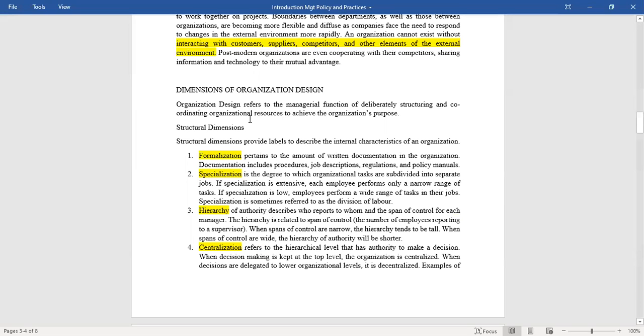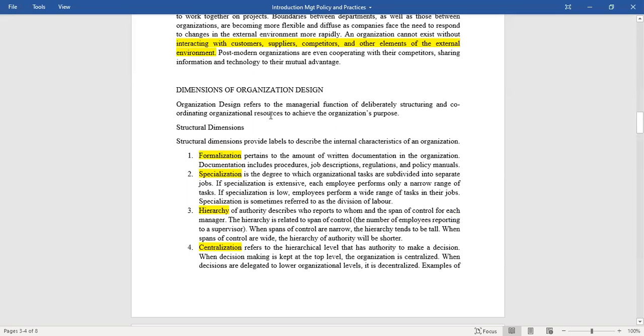When everything is done in a strategic manner, we call it organizational design. What is kept in mind is what the organizational purpose is, what it is producing, what services it gives, and what its real goals are. Keeping that in mind, whatever the resources are, whether financial, human, or technological, how are they strategically placed, and how does each resource combine with the others? That is what organization design is.